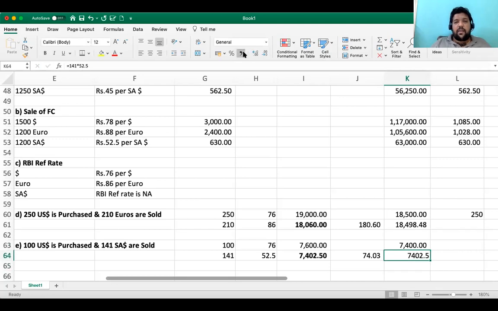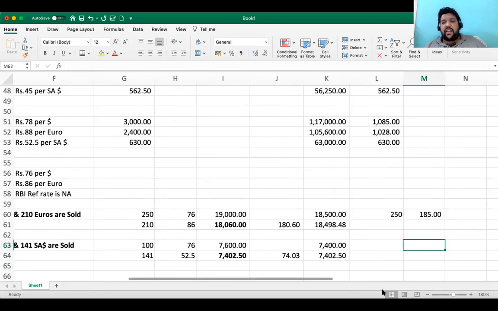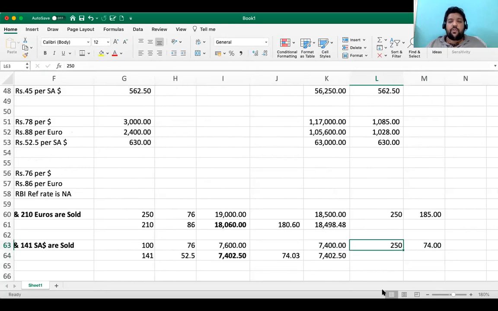Here it came 140 point something, I rounded off, so that is why you get this number. Again, 1% of this gross amount of currency exchanged will be less than 250 rupees, so you have to take a minimum transaction value of 250.